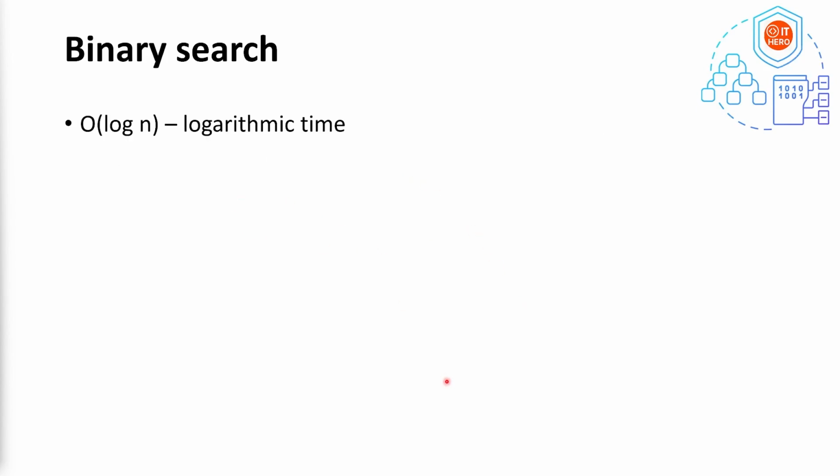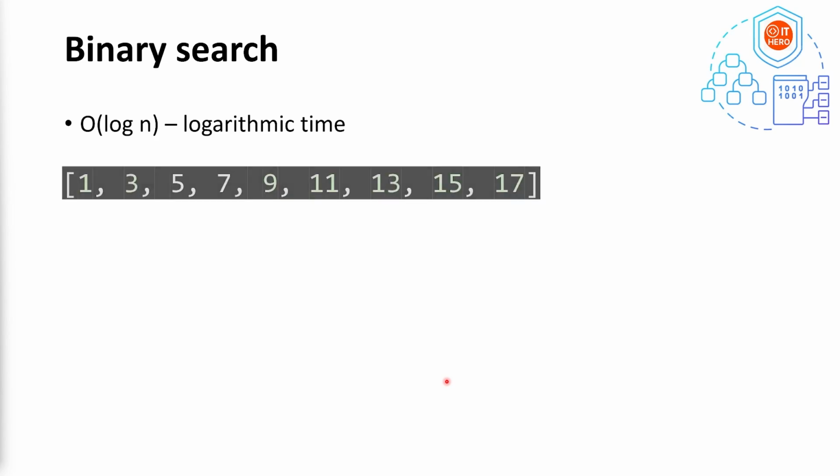Next we're going to talk about binary search. Binary search has a much better performance. This works only when the input array is already sorted. The time complexity is logarithmic because we are taking a different approach.